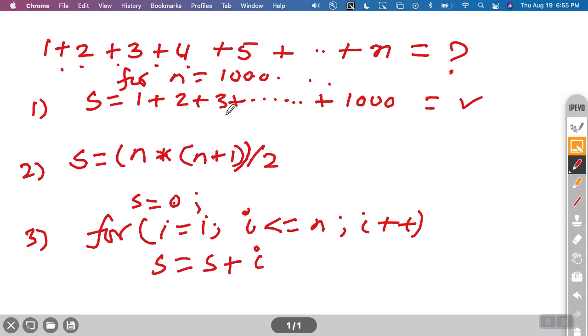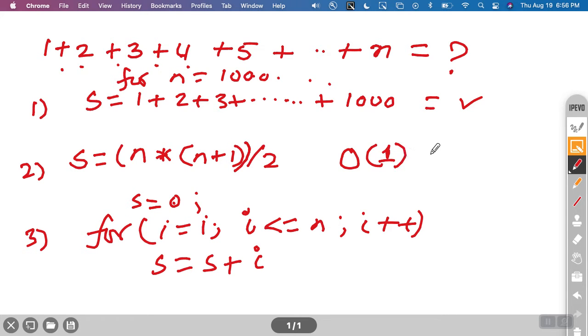Okay, so if you write it this way, how much time will it take? Let us consider this one, the easiest one. What will be the time complexity for this one? Yes, it is constant time, right?